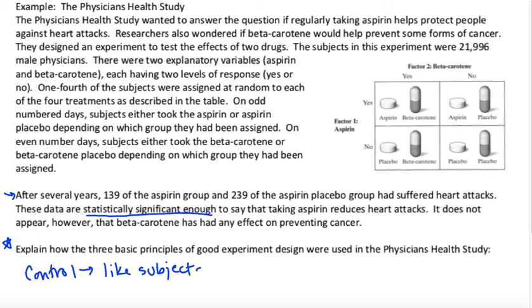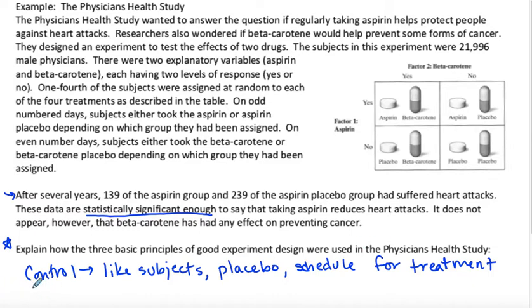So they are all male physicians. Placebo for both of the factors, the aspirin and the beta carotene. And then they had a schedule for treatment. So everybody took it on the same day, so they controlled that.